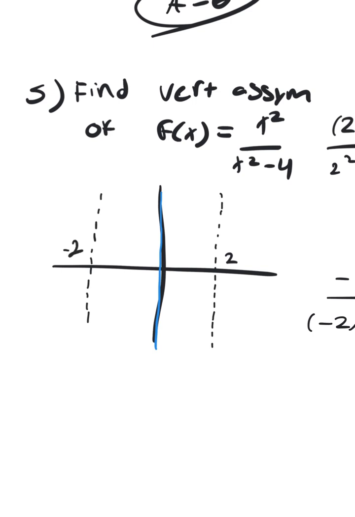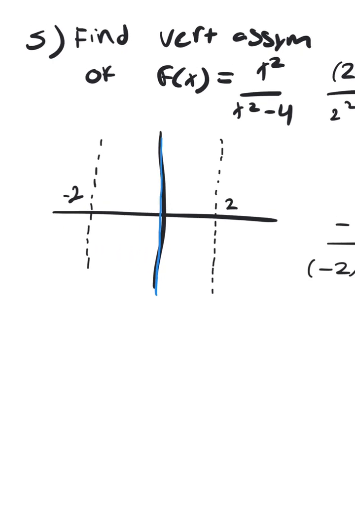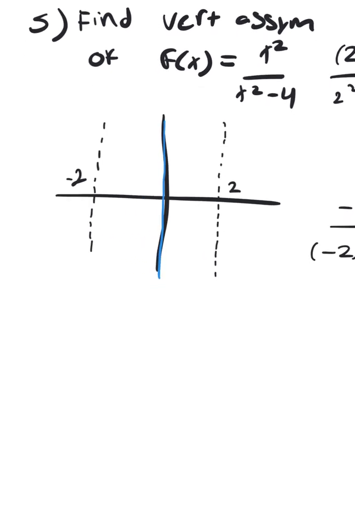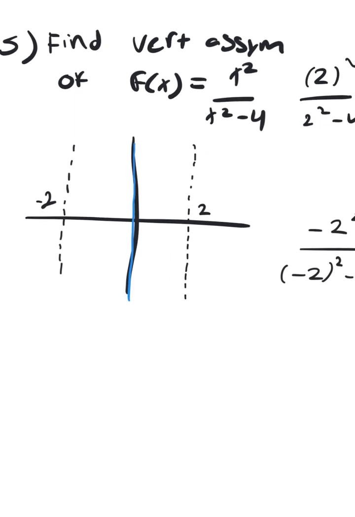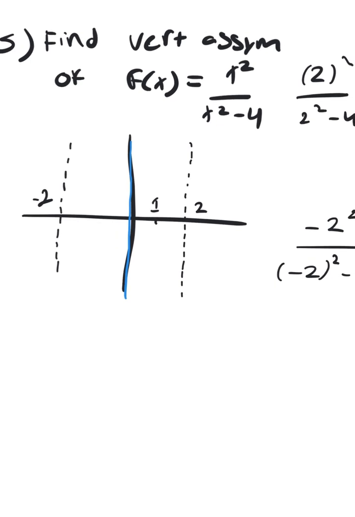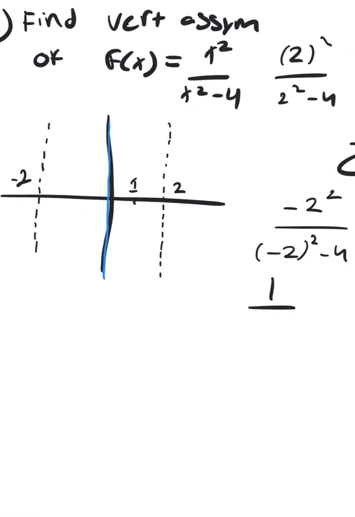What does the vertical asymptote mean? Well, it means that the function is going to be somewhere in between these lines. So if we were to plug in a number, let's say the number was 1, we get 1 over negative 3.